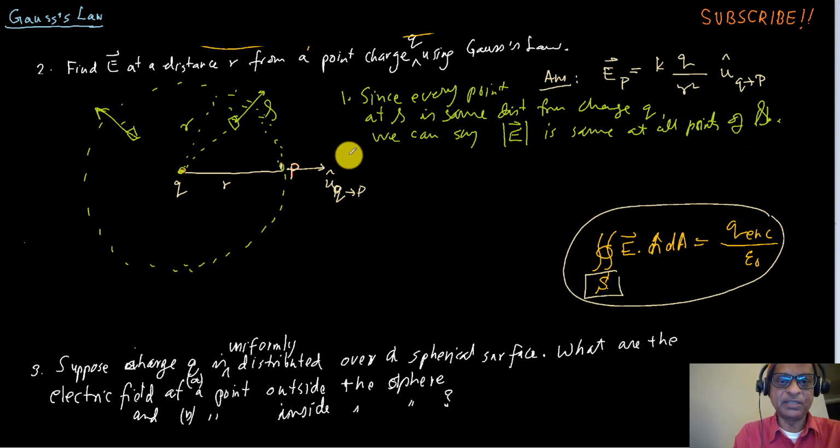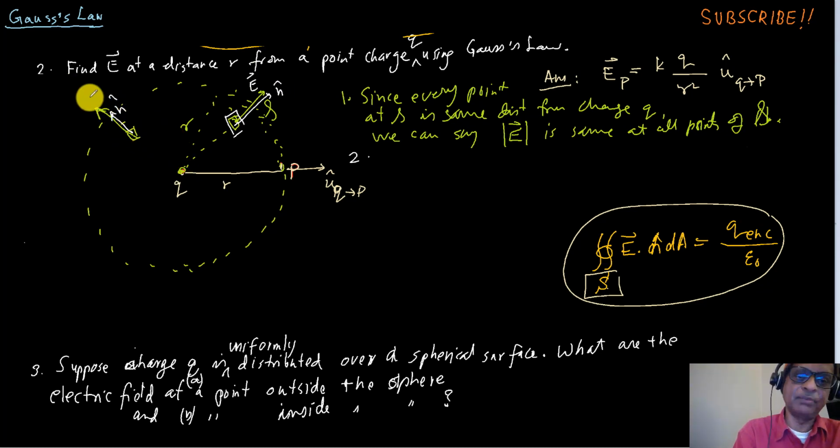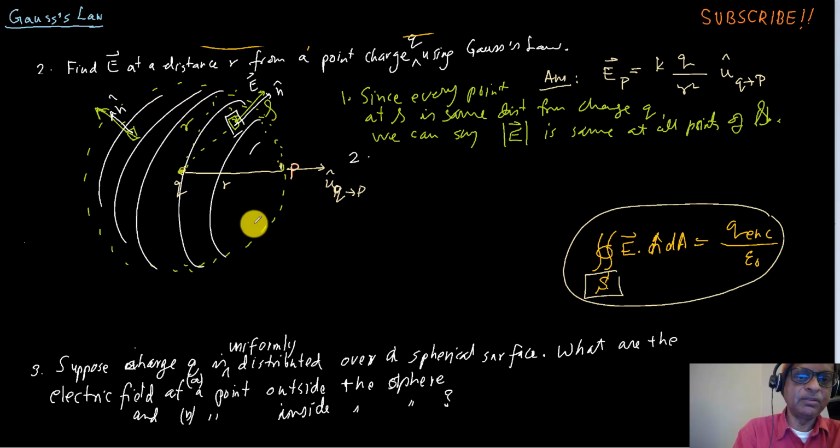So that's one thing we say. And the second thing is, on each patch, if you look, the normal and the electric field are parallel. So if I take this patch on the ball, the normal is radially out, right?